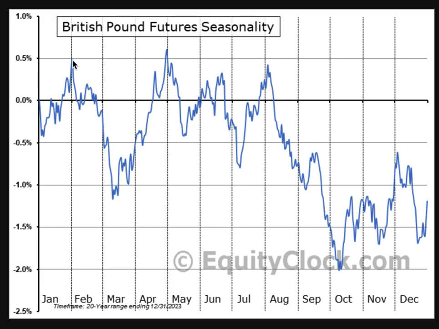The chart is a 20 years range ending 31st of the 12th month, which means basically New Year's of the current year. So 20 years back, this has been happening.